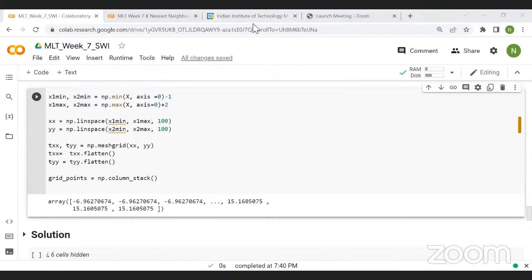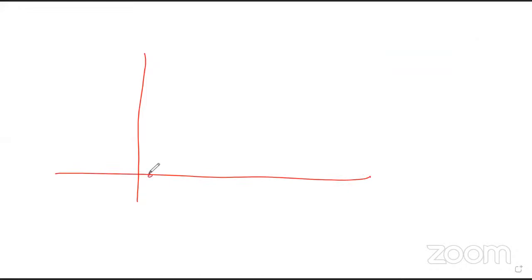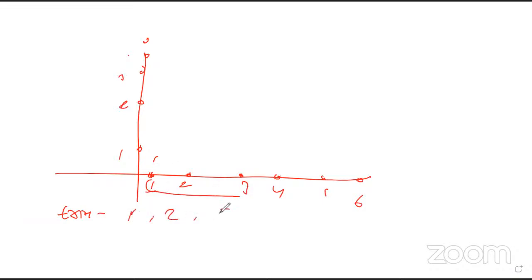So actually what's happening here, let's say these are your 10 points. Here I have generated 100 points, let's say 10 points on x and 10 points on y, and I've generated 100 of those. Whenever you create the mesh grid, in txs it takes all the x coordinates. So let's say 1 2 3 4 5 6 are the coordinates of this axis, then next it will take the coordinates of this line again, 1 2 3 4 5 6.